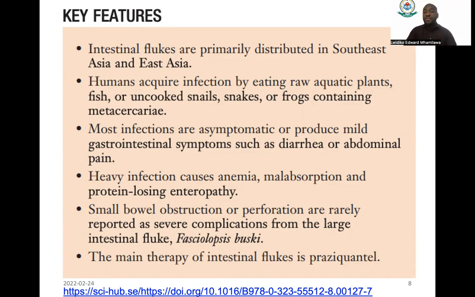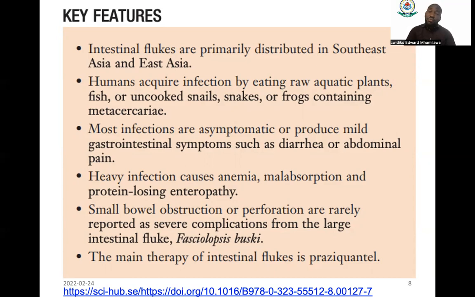Most infections are usually asymptomatic, irrespective of the fluke, and they produce mild gastrointestinal symptoms, such as diarrhea or abdominal pain. But when infections are heavy, they become symptomatic, where you can get anemia, malabsorption, and protein-losing enteropathy. These are all features associated with the presence in the intestinal lumen.